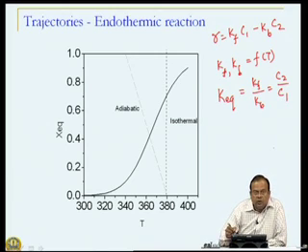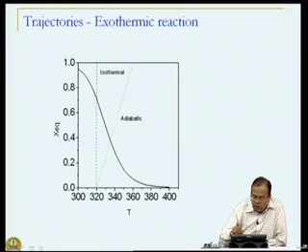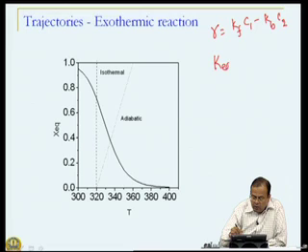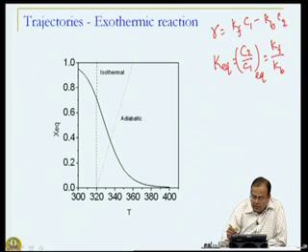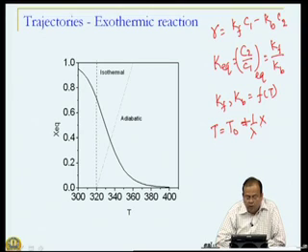So, at equilibrium the rate of reaction is 0. So, let me rewrite: we have K equilibrium, which is C2 by C1 at equilibrium, which is Kf by Kb. We also have Kf, Kb, which are functions of temperature, and for an adiabatic operation we have lambda into x.